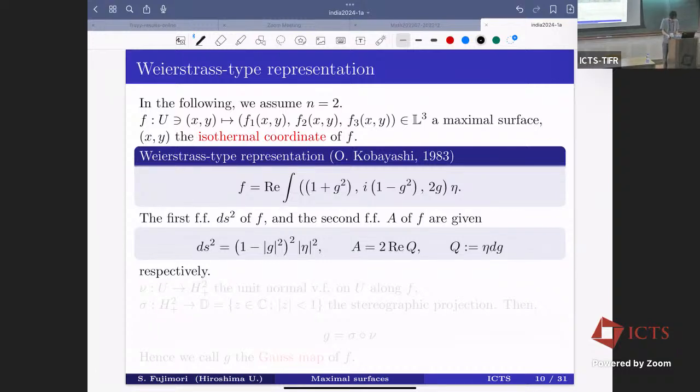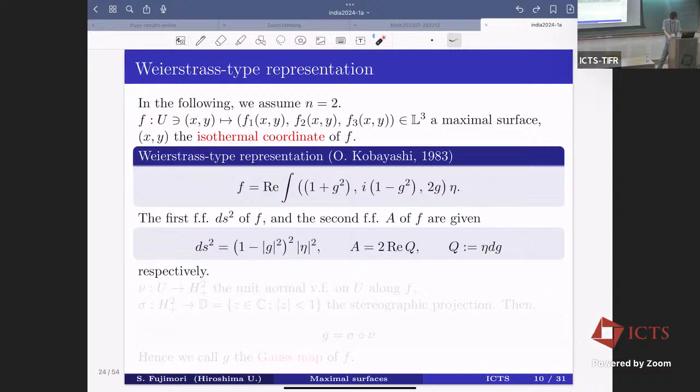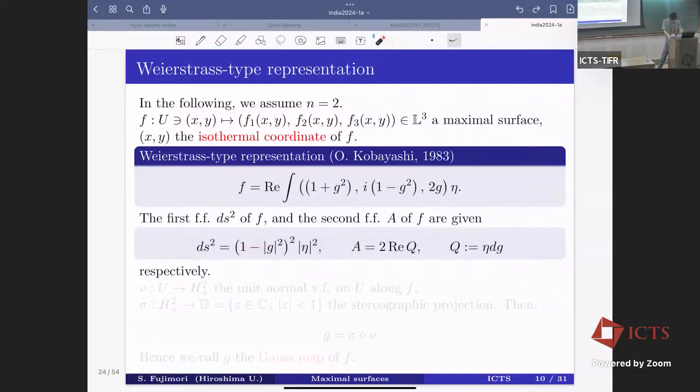By using this, we have this equality, and then the first and second fundamental forms can be described like this. In the minimal surface case, this is plus again, but in this case we have minus here. In the Weierstrass representation for the minimal surface case, here is minus and here is plus. So a very small difference.